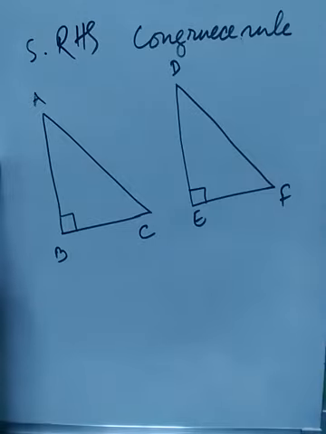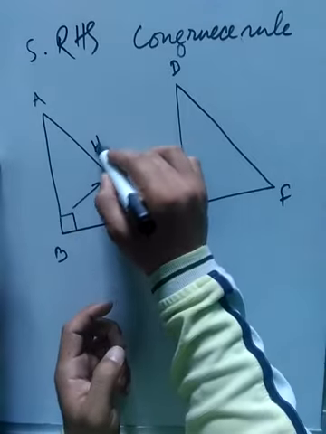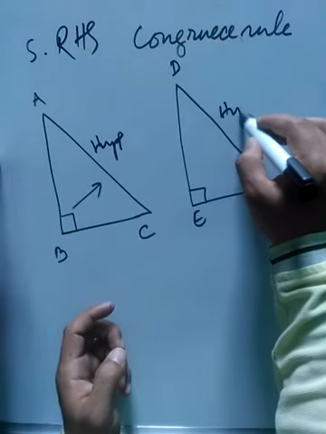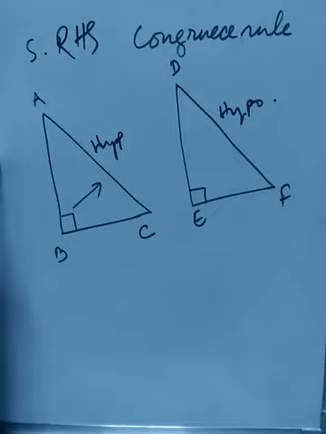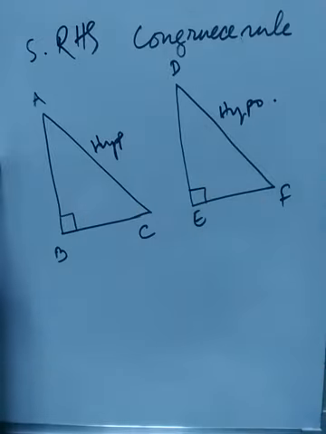Hypotenuse means in a right angle triangle, let me repeat, in a right angle triangle, the longest side will be the hypotenuse. And that longest side will always be opposite to the right angle. This is the right angle, right? So opposite. Now this is hypotenuse and this is hypotenuse. Hypotenuse will always lie opposite to the right angle.